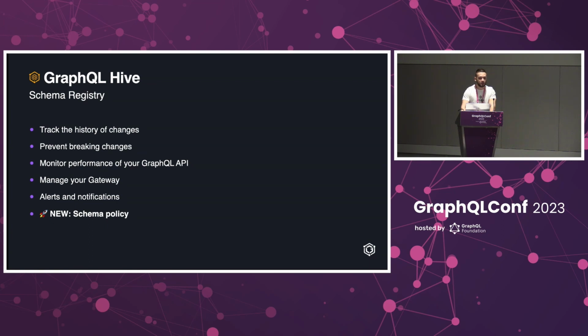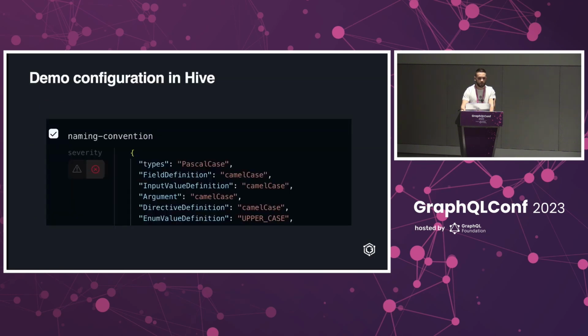And we shipped a new feature, schema policy, that uses GraphQL ESLint out of the box, under the hood. This is a demo of the configuration in Hive. Some rules, like naming convention, are the most popular rules that exist in GraphQL ESLint.